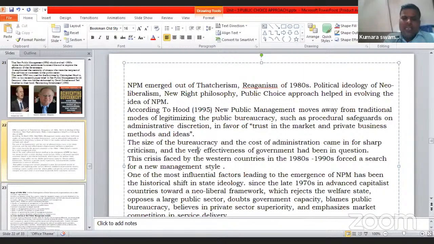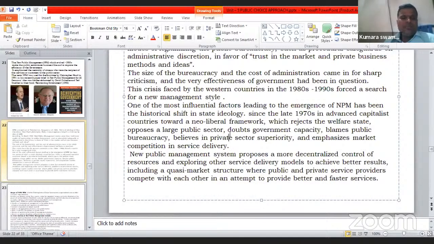They criticized government investment and the government budget process. Western countries in the 1980s and 90s were forced to search for a new management style, a new administration style, worldwide. So they started this.